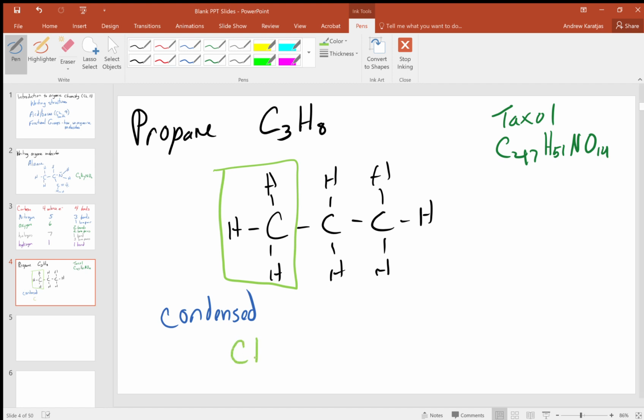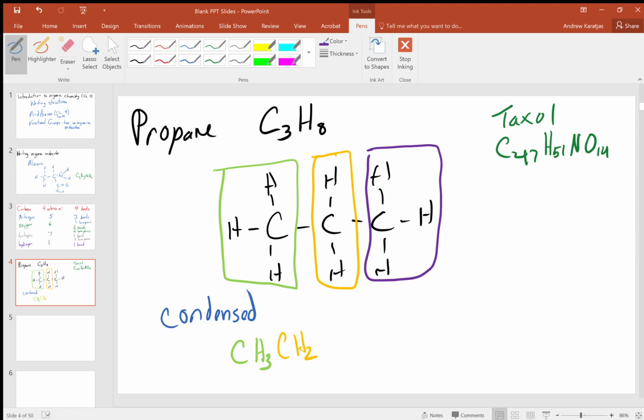So we would write that as CH3. What's on the next carbon? The next carbon has 2 hydrogens. So we write it as CH2. And that last carbon has 3 hydrogens, so we would say CH3.